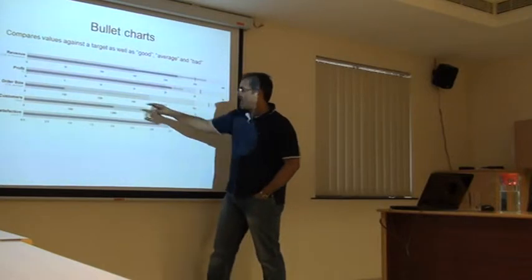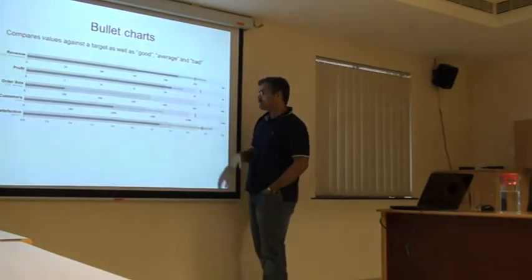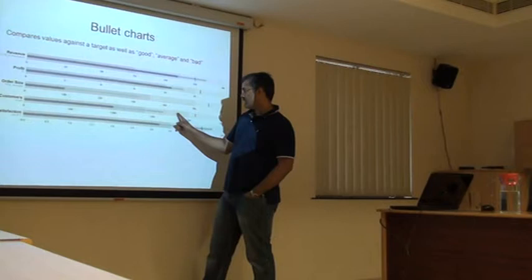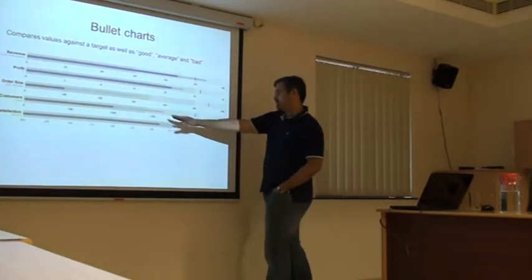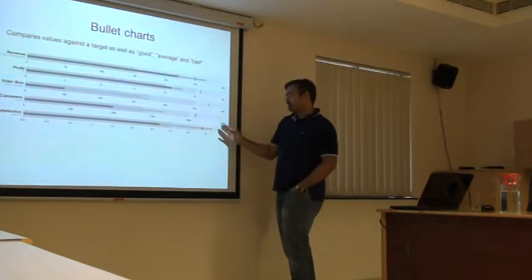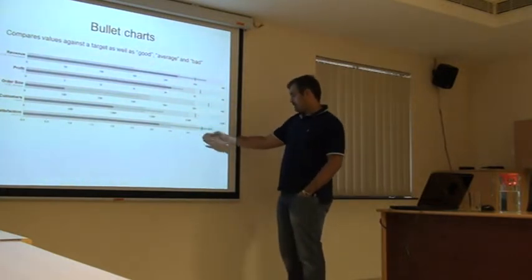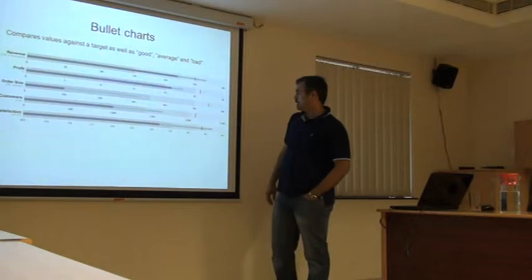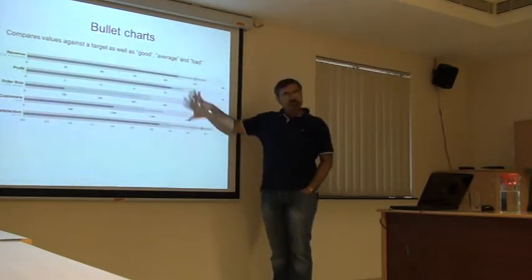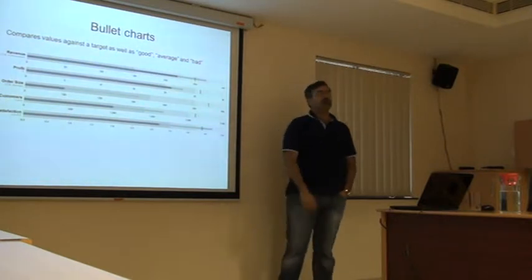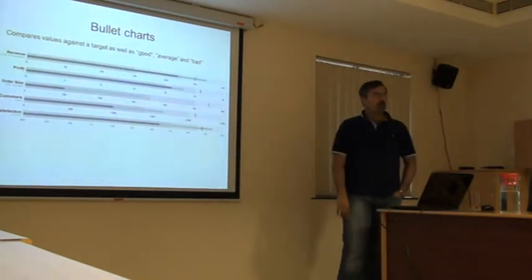Order size-wise, I'm going to be bad and significantly miss the target. New customers-wise, I'm going to significantly miss the target, but I'll be in the average region. Customer satisfaction-wise, not only am I going to exceed the target, I'm also going to be up in the best region. So satisfaction and revenue, life is good. In the others, it varies from bad to average. So that's another relatively compact way of showing this.